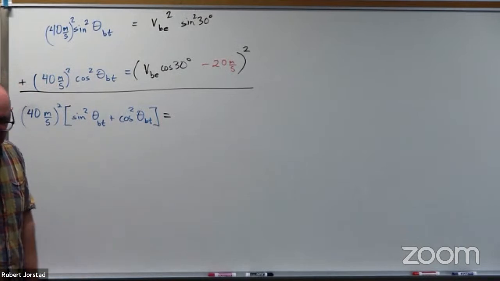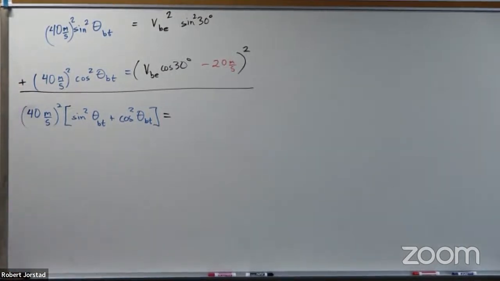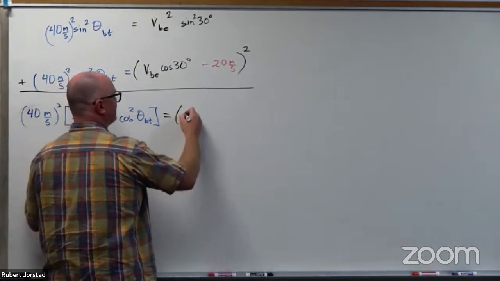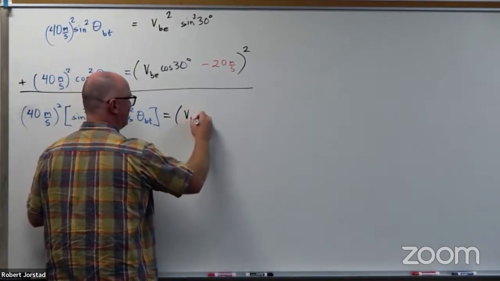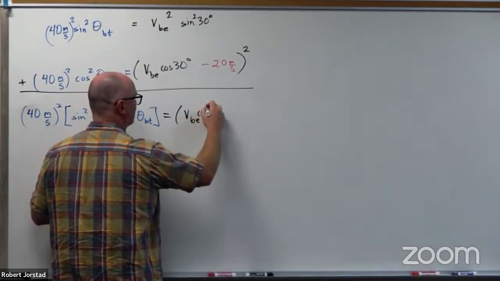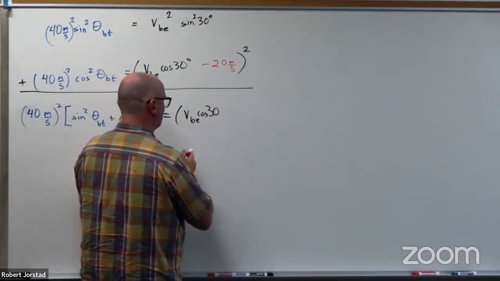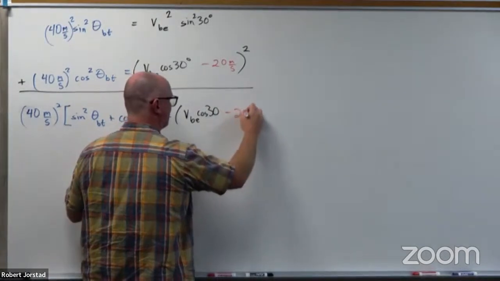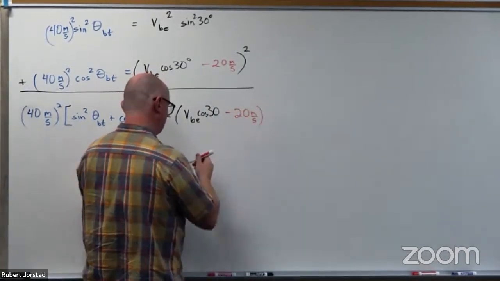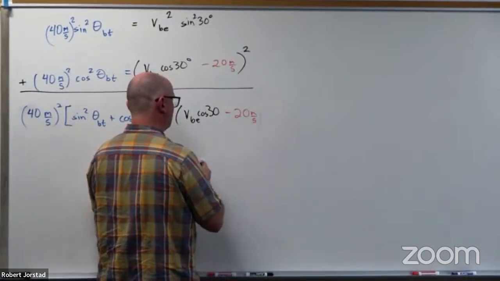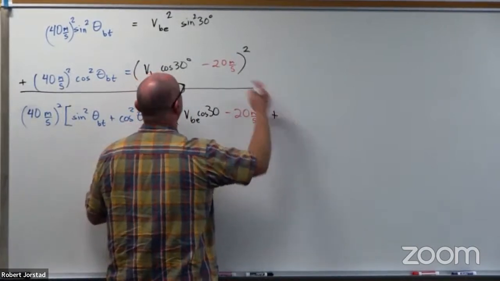Yeah, I guess I told you the shortcut now, but if you don't know the law of cosines, this works too. Maybe you can even do it with law of sines too. I haven't thought it through. But here I'm just going to say this is VBE cos 30 minus 20 meters per second, squared, plus that thing.